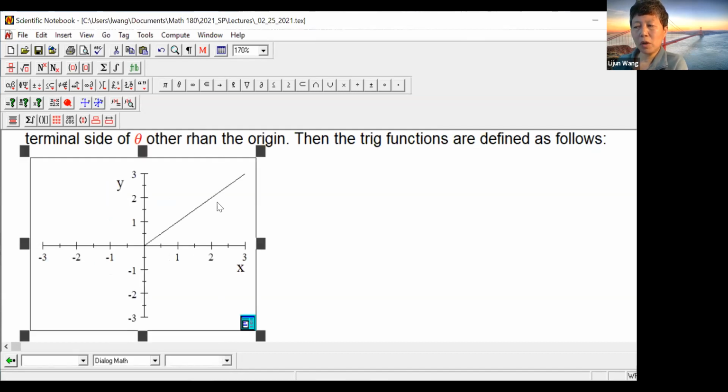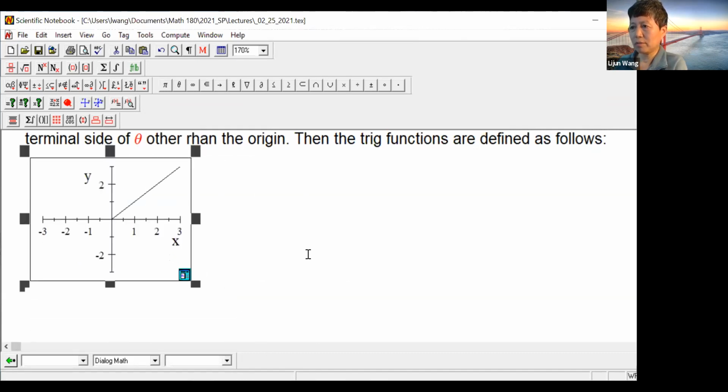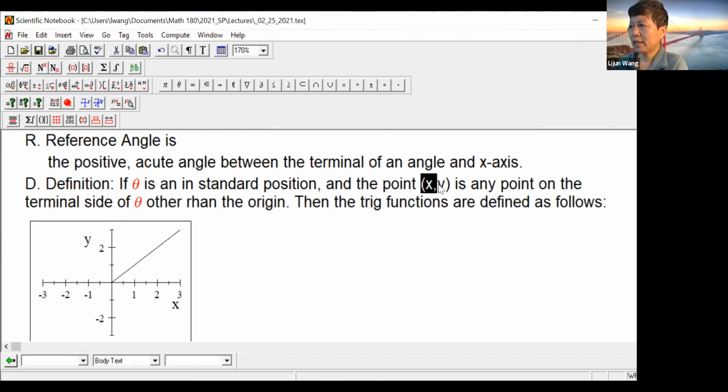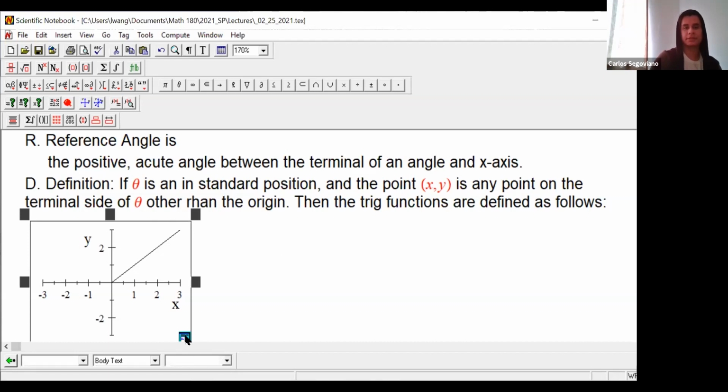Okay, so suppose I have a terminal. In this paragraph of description, where is (x, y)? Where is this point? It's on the terminal.